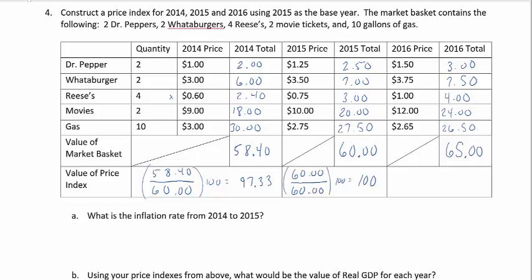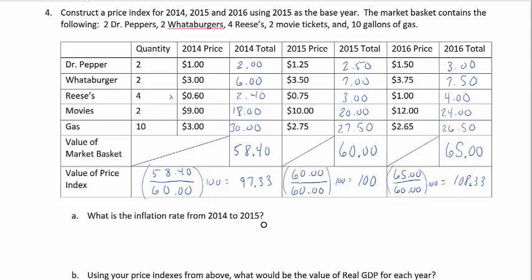So in the base year the price index is always 100 because the market basket divided by itself times 100 is 100. Alright, in 2016 we've got $65 divided by 60 times 100 gives us 108.33. And that's how we calculate price indices.